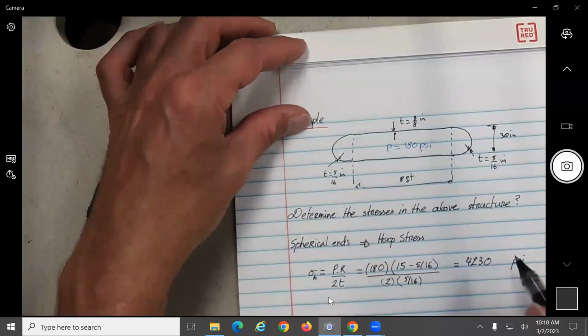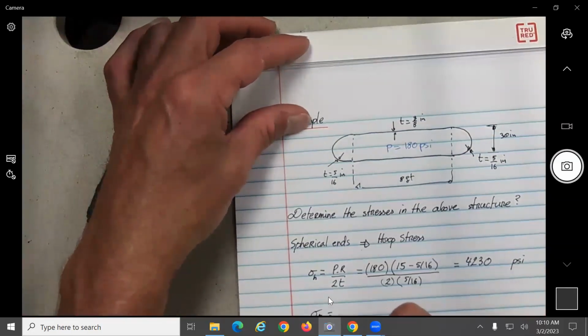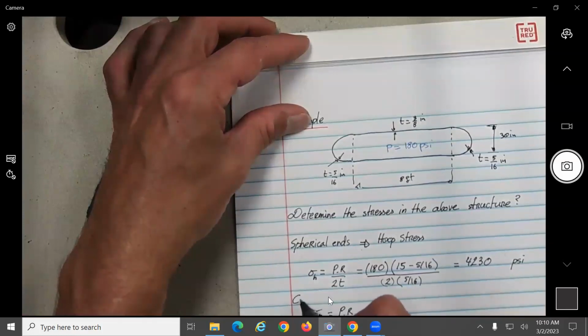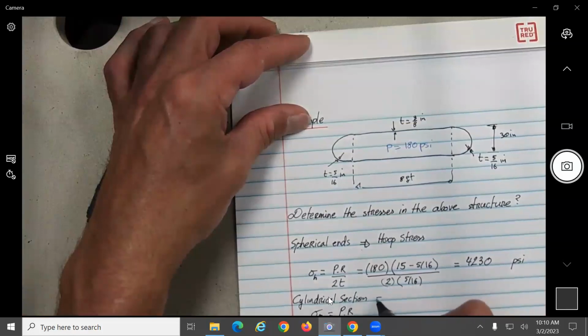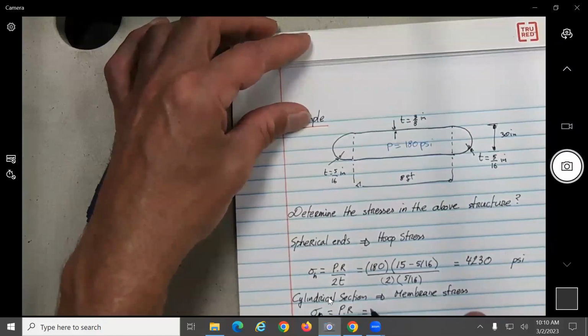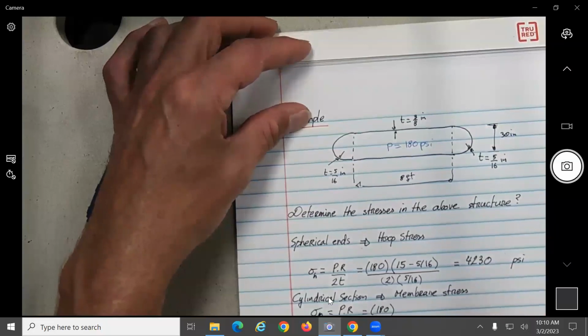Okay, and then we need to look here at the cylindrical section. This time we know we have to deal with the membrane stress, which will be PR over T. So if we do the calculation, what are we going to get? 180.